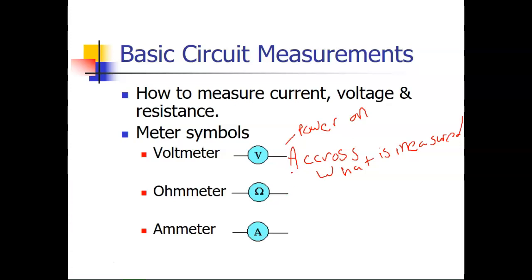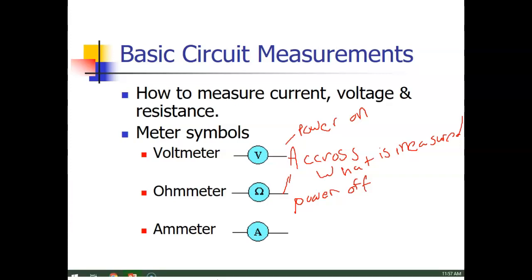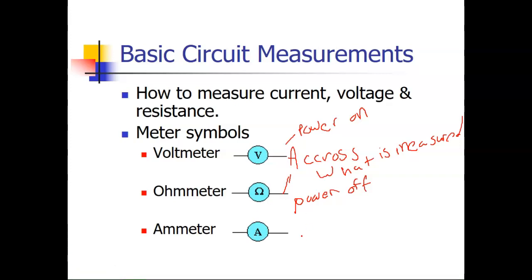An ohm meter is exactly the same as the voltmeter, only it's powered off. The big difference is the ammeter. The ammeter is one you have to be really careful of, and I'll show you why when we get to lab. This one is placed in circuit. In other words, it becomes part of the circuit, power on. Like I said, we'll talk more about that on Wednesday.